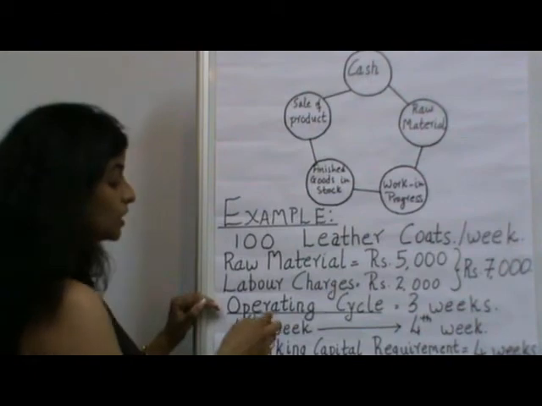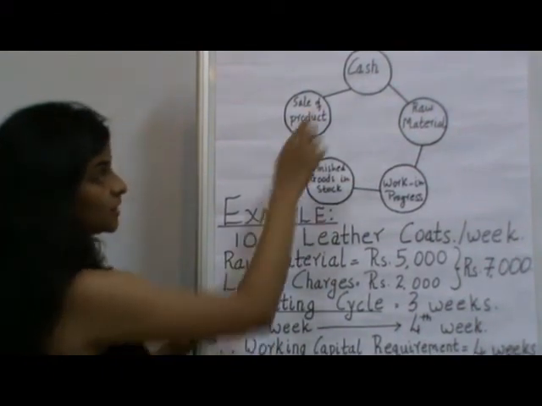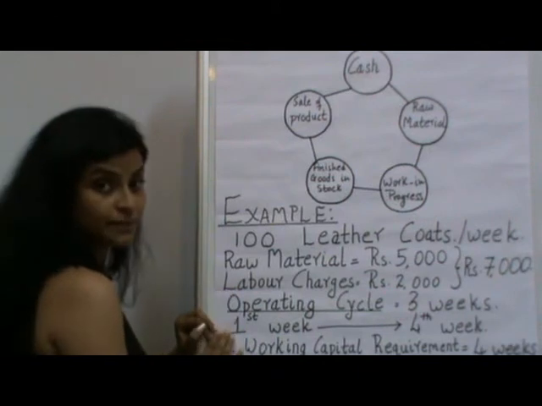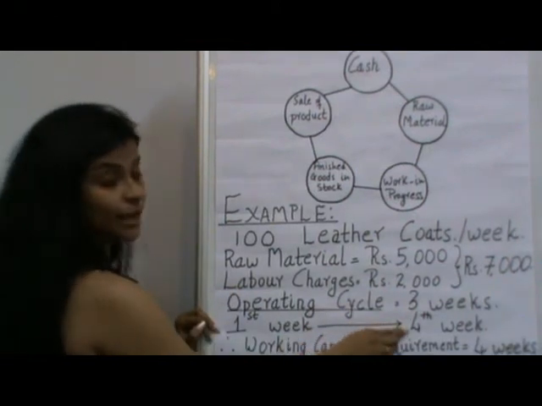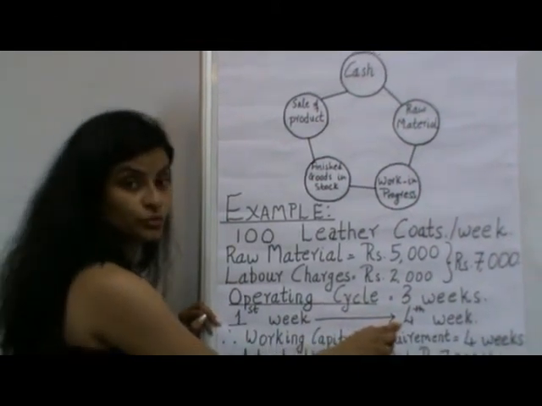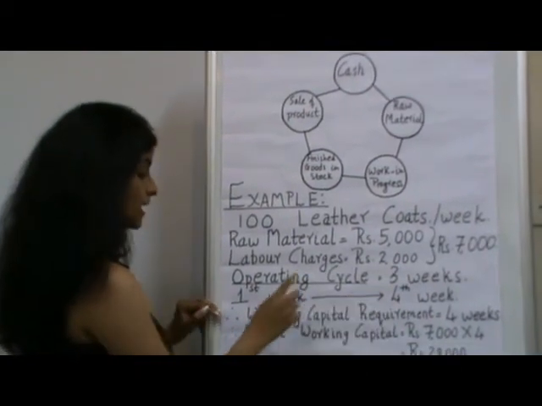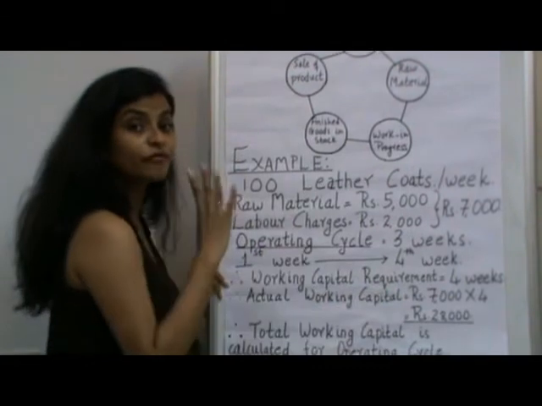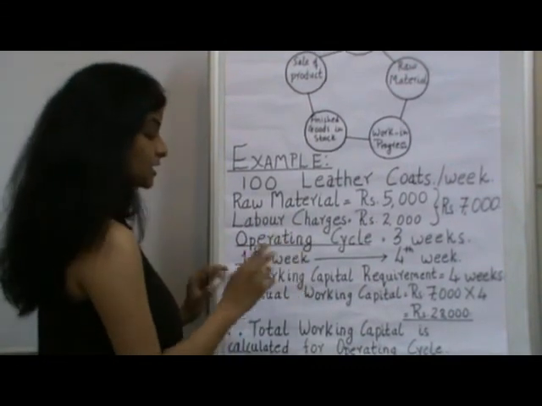Hence, when you start giving out cash in the first week, cash actually comes back to you in the 4th week. Hence, the working capital requirement is for 4 weeks.